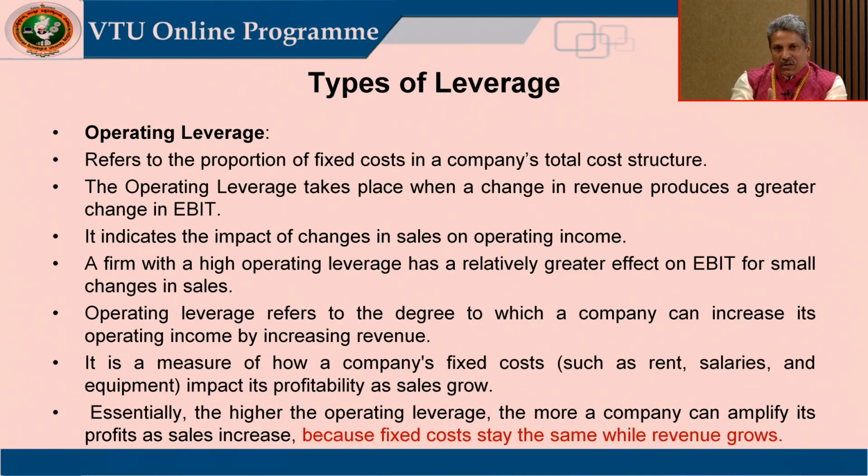Whether we produce 25 units, 50 units or 100 units, the fixed cost remains the same, because we already made the investment. Employees are there, sufficient number of employees are there to produce 100 units per day, but since demand is only 25 units, we are producing only 25 units.